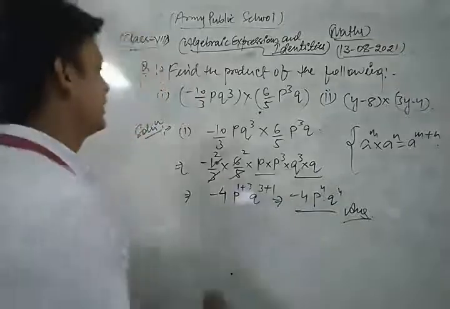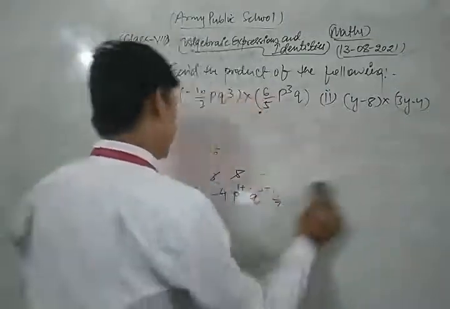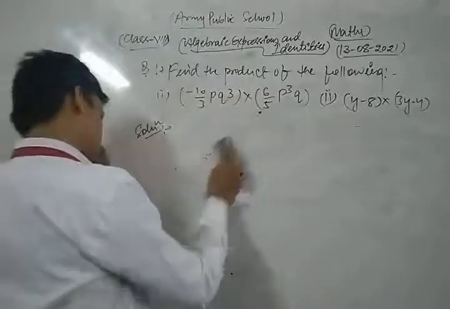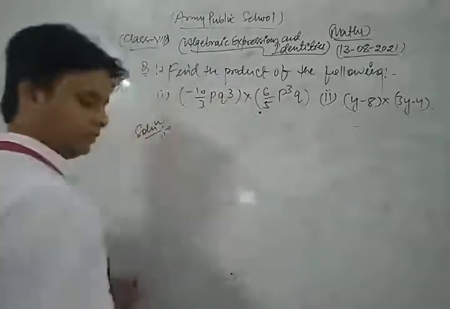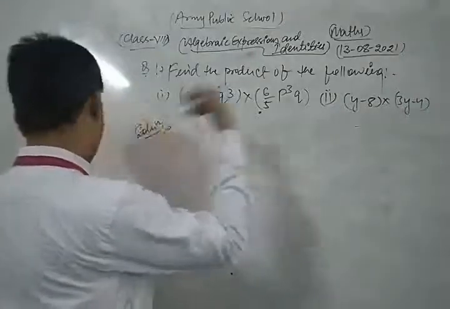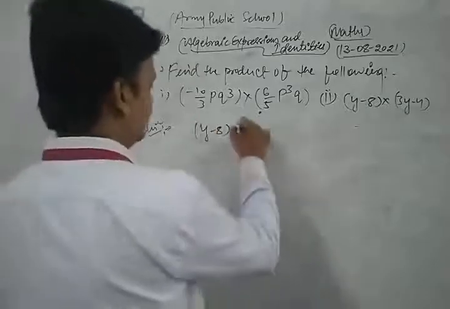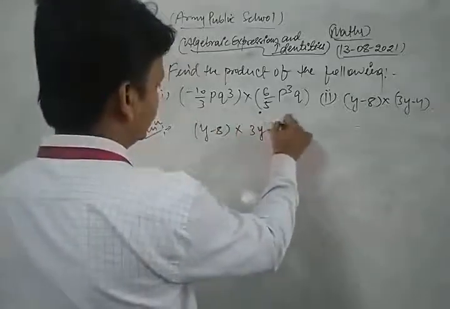Now we similarly take and solve the second part of this question. Second part is what? This is y minus 8 multiplied by 3y minus 4.